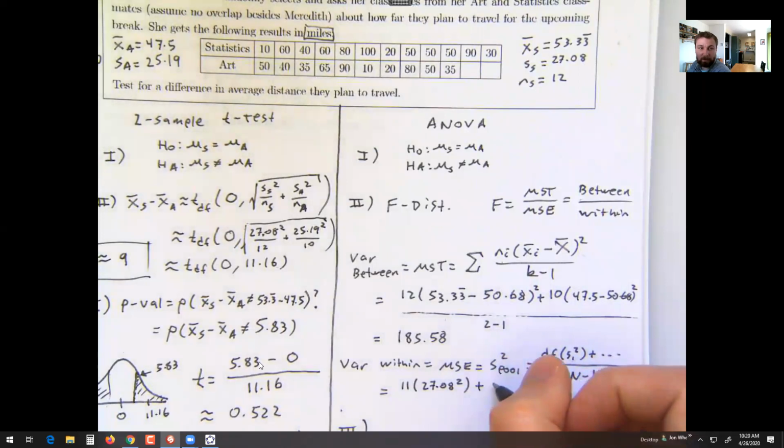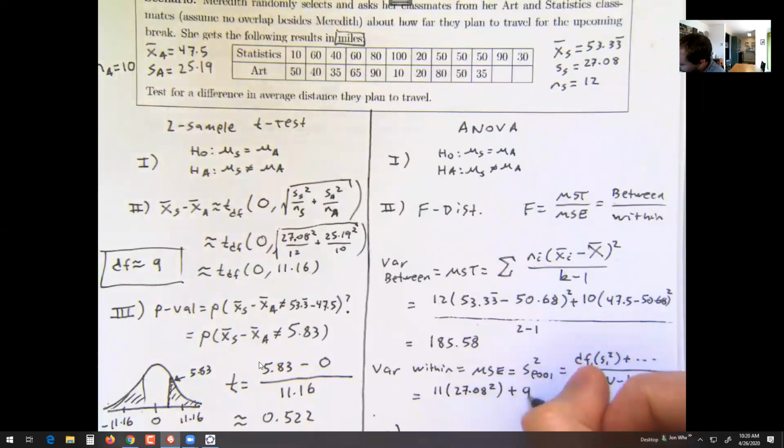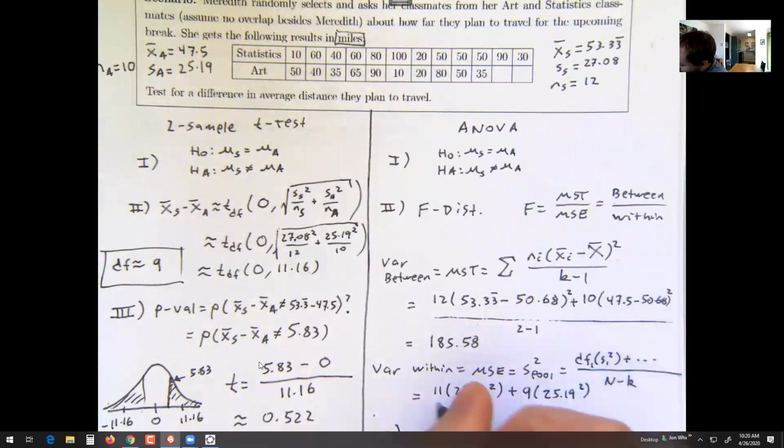I had 10 values in my second group, so that DF is 9. Standard deviation 25.19, square it to get a variance. I have 11 and 9, so in total I have 20 for my degrees of freedom. Another way to see this, I had 22 terms minus 2 groups. 22 minus 2 gives me 20.